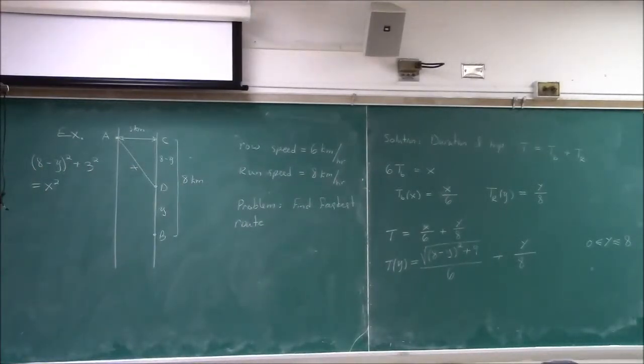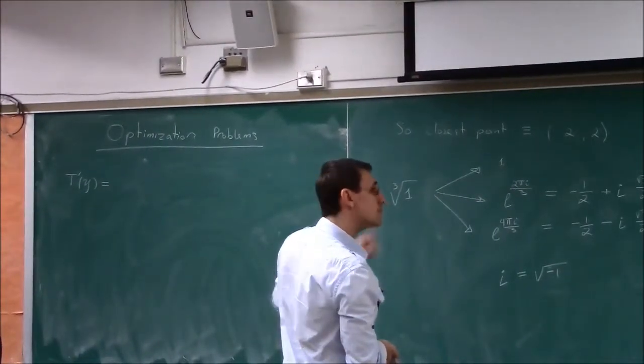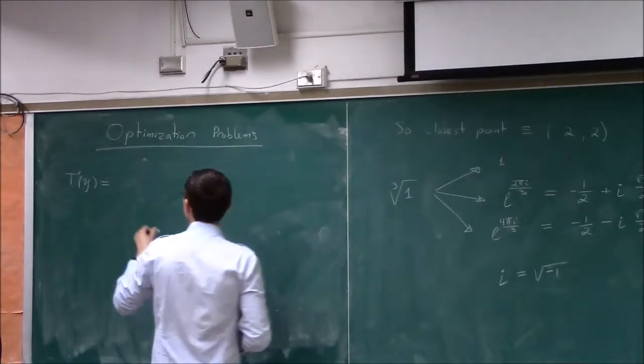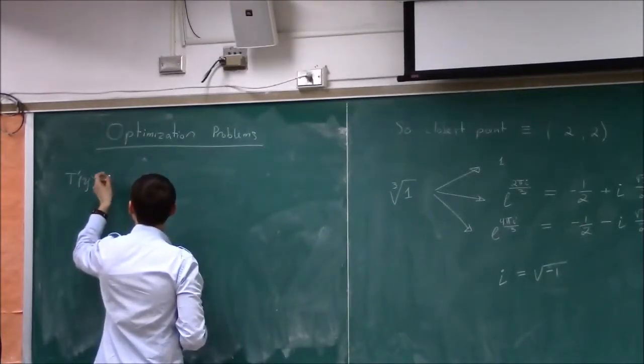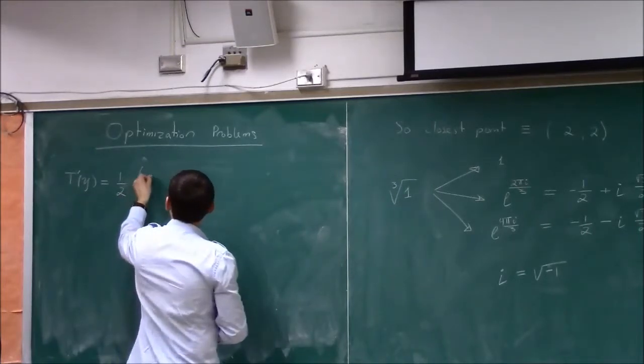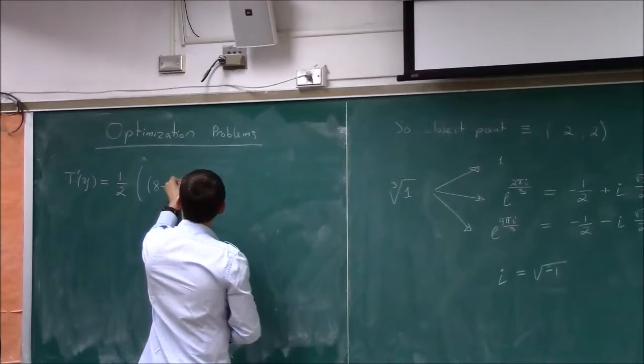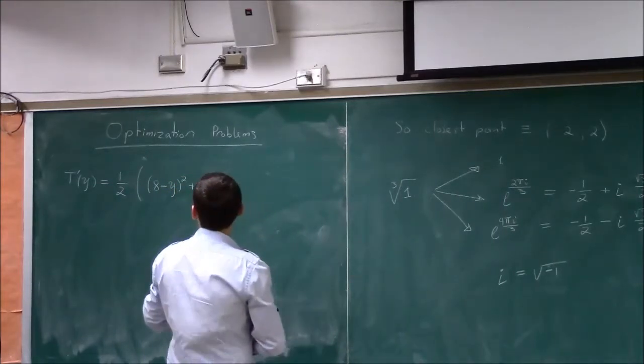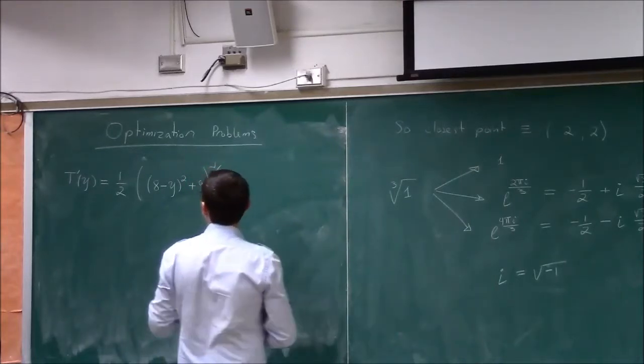So what we do is we take the derivative. So t prime of y will be one half, parentheses (8 minus y) squared plus 9, to the power of minus 1/2.